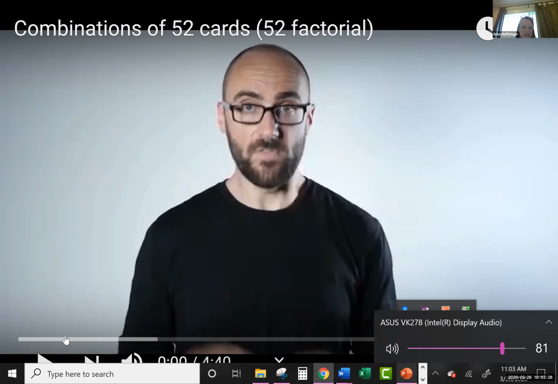See if that works. The number of different ways 52 cards can be arranged. There's obviously a lot. The top card could be any card, so there's 52 different possibilities. Any remaining cards could follow, so there are 51 possibilities for the next card. 50 for the third spot, 49 for the fourth, and so on.